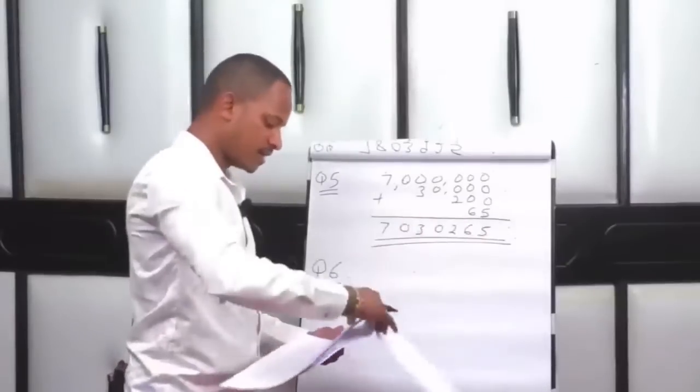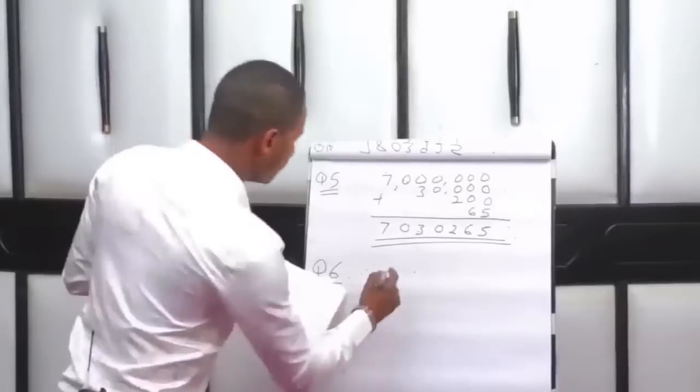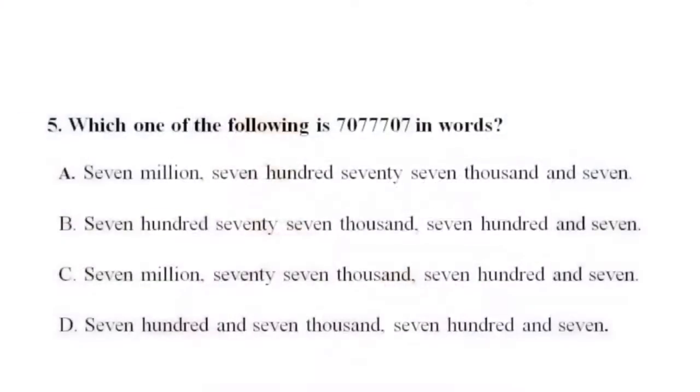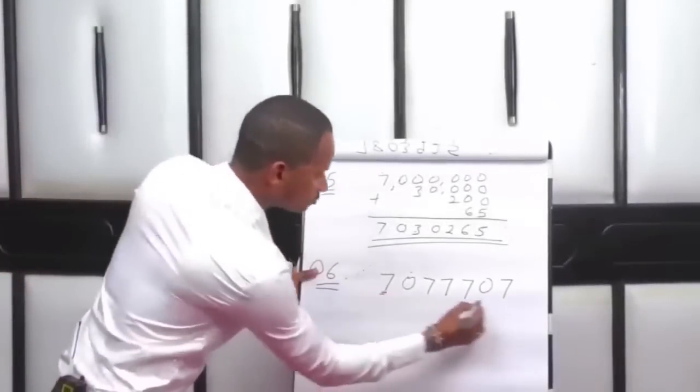So here my question 6 is, which one of the following is... now you've been given numbers. They want you to write in words. So the number that you've been given is this. Okay? They want you to write it in words. In words, just separate these numbers. 7, so we have ones.